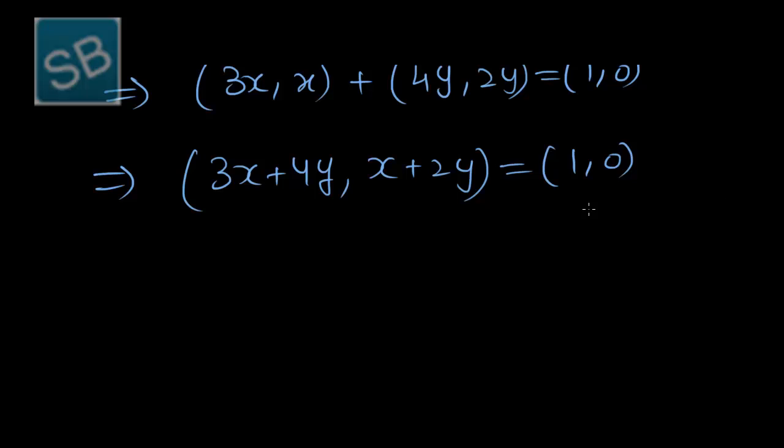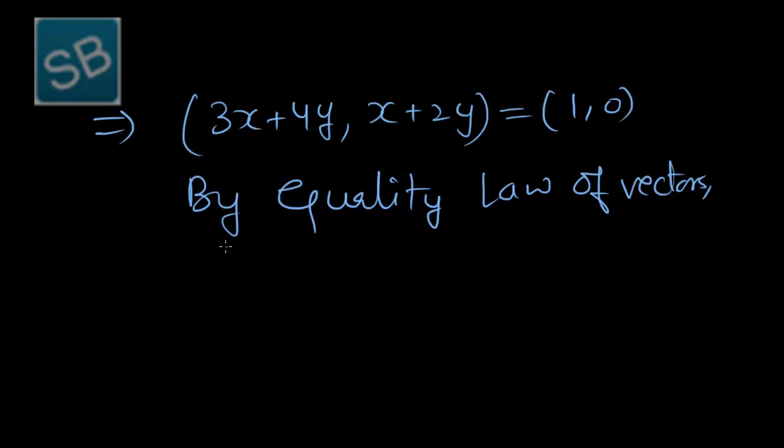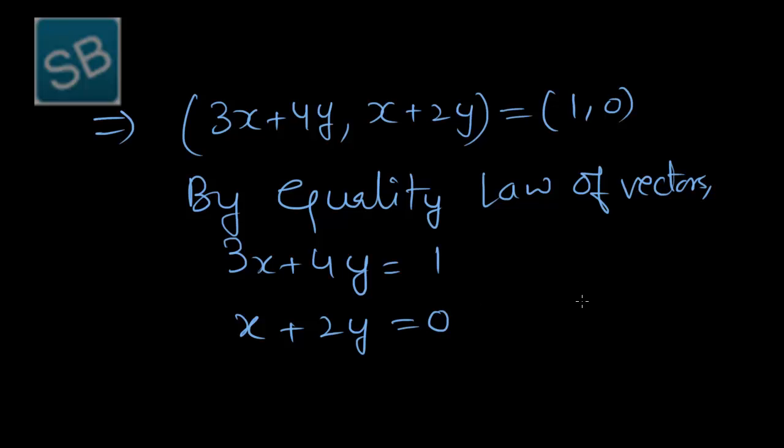So by the equality law of vectors, we get 3x plus 4y is equal to 1 and x plus 2y is equal to 0.